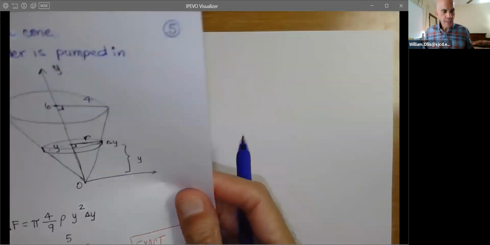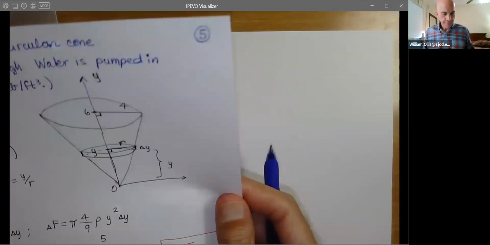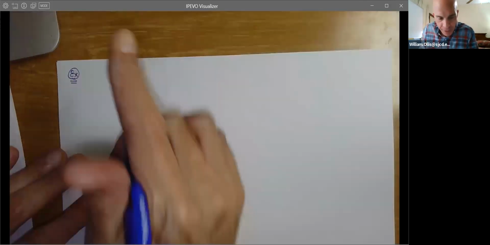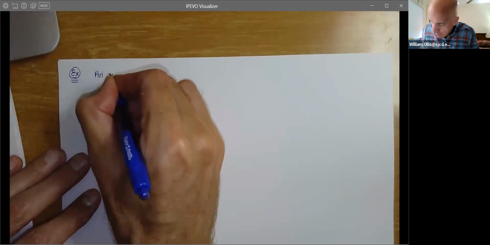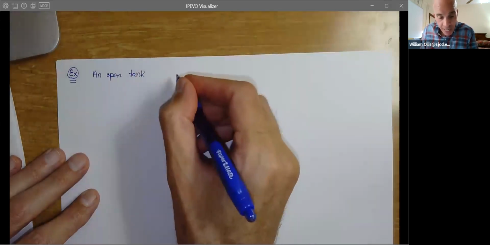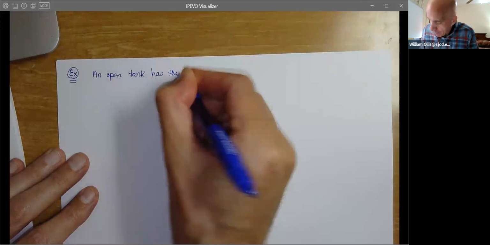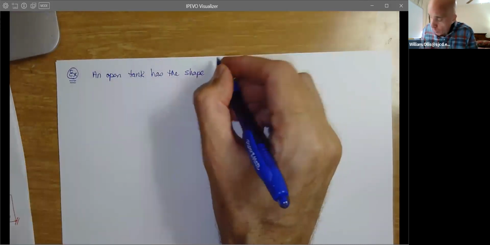So now let's see here. What do I want to do? Yeah, this is a good one. We have an open tank. An open tank has the shape of a right circular cone.